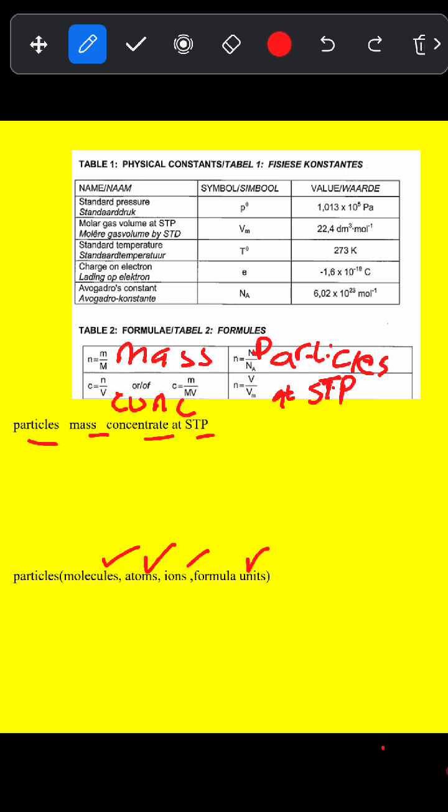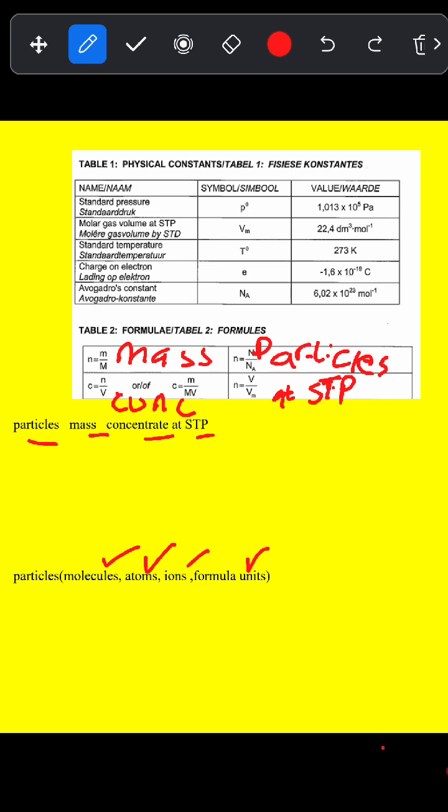These are the key words that inform you which formula you should use. If you are given mass, you can get number of moles. If you are given number of particles, you can get number of moles. If you are given concentration, you can calculate number of moles.